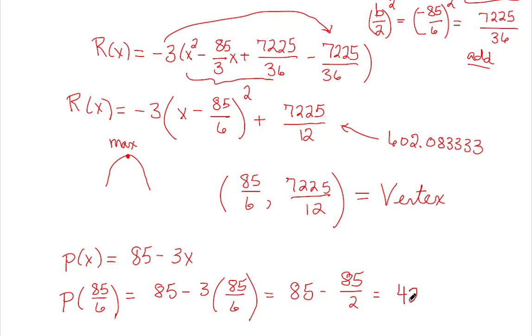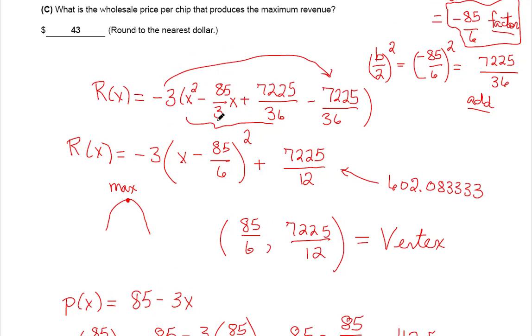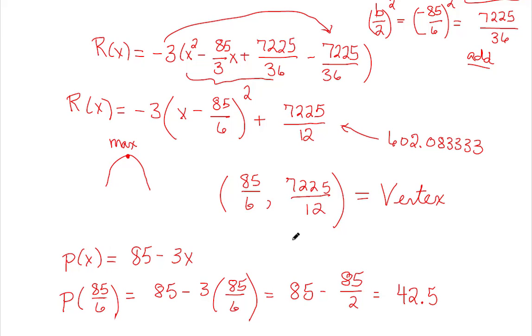So 42.5. But we can't have half of a chip that we're making, and so it says round to the nearest dollar, and therefore this would round up to 43. So not an easy section, but I know you're up for the challenge.